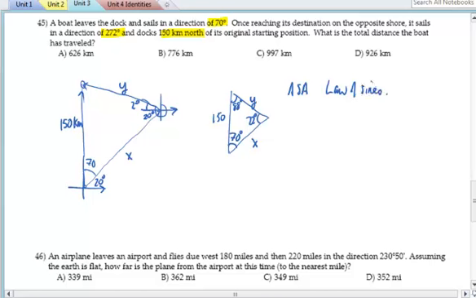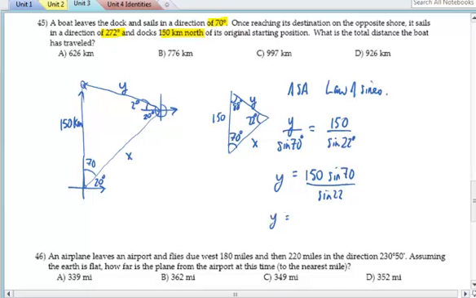Law of sines says that y over the sine of 70 degrees is equal to 150 over the sine of 22 degrees, and from that we calculate that y is equal to 376.3 kilometers. And now we can also solve for x.